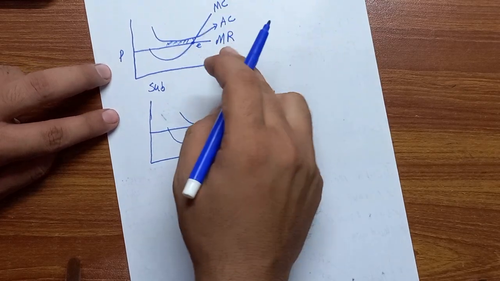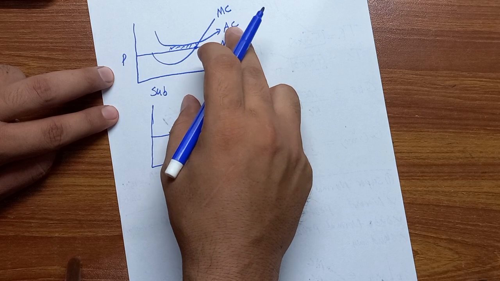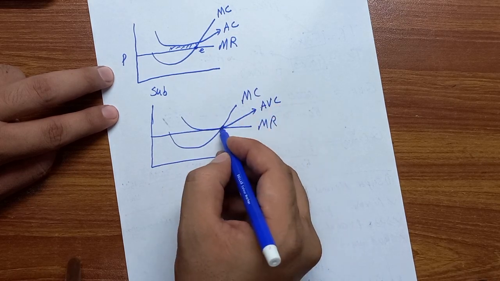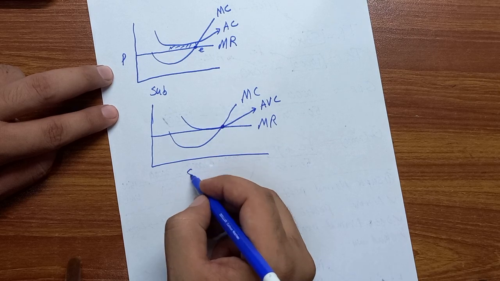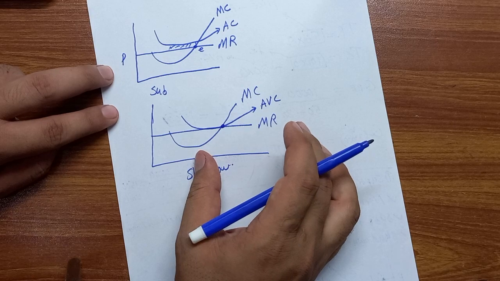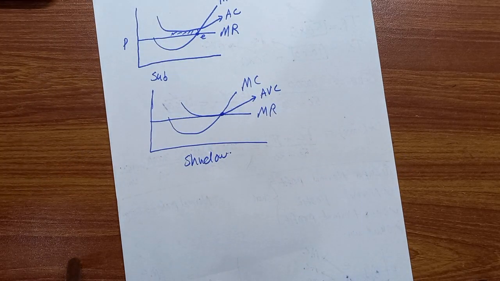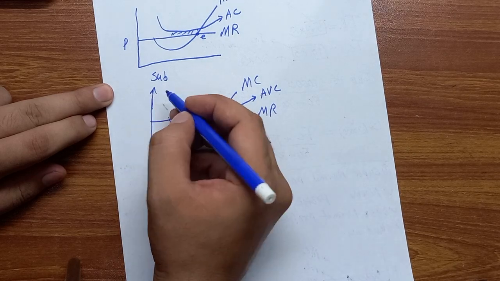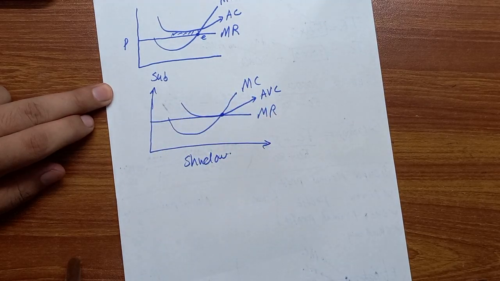In the other graphs we considered average cost. Here, when the average variable cost passes through this point, this is shutdown. These graphs are very necessary from the exam perspective. This is also the last topic. So enjoy the exam. Have a great time. Bye for now.